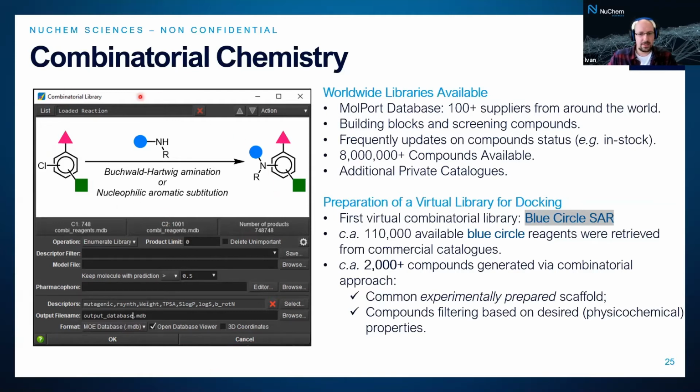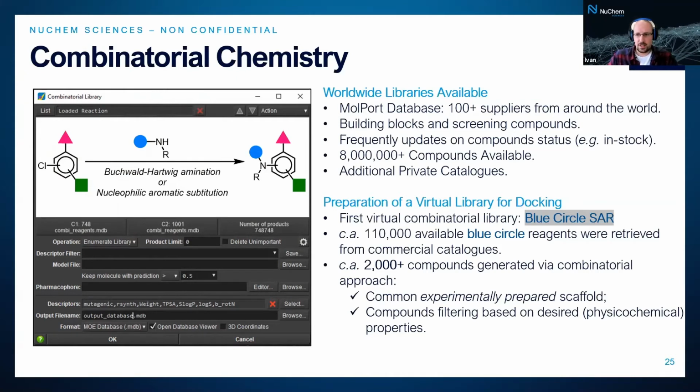So once we drafted the generic reaction to be applied in the software, it was time to proceed with the selection of suitable and commercially available blue circle amine building blocks. For this purpose, we selected the MolPort database that contains more than 8 million compounds among reagents and screening compounds.